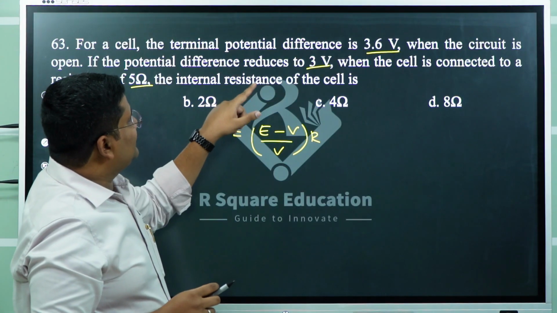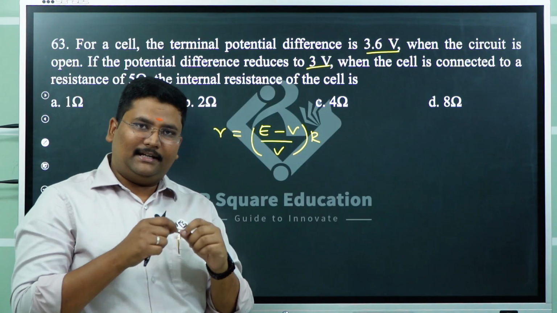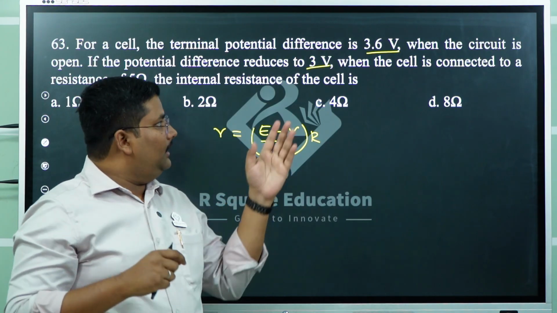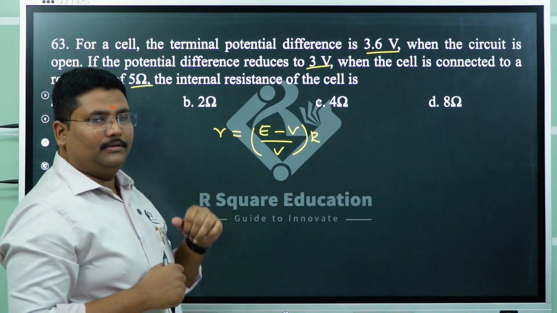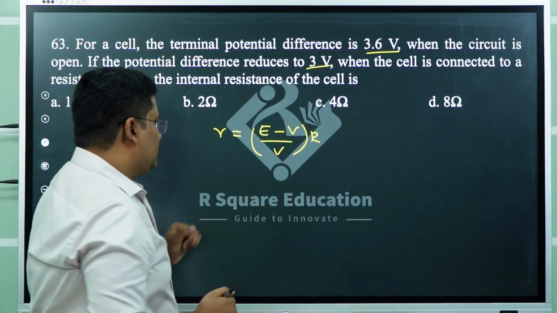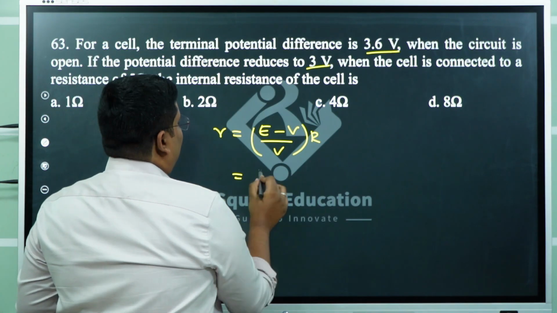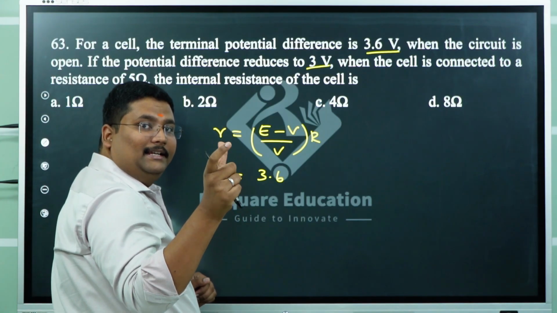If the potential difference reduces to 3 volt when the cell is connected to a resistance of 5 ohms. So they are connecting the cell to a 5 ohm resistor and the potential drops to 3 volt. Now they are asking us to find the internal resistance of the cell. So E is going to be 3.6, because they have measured the potential across the cell in open circuit.